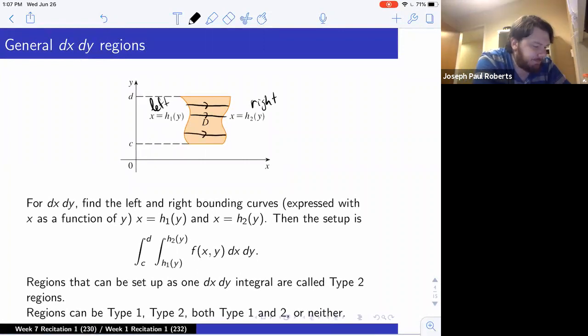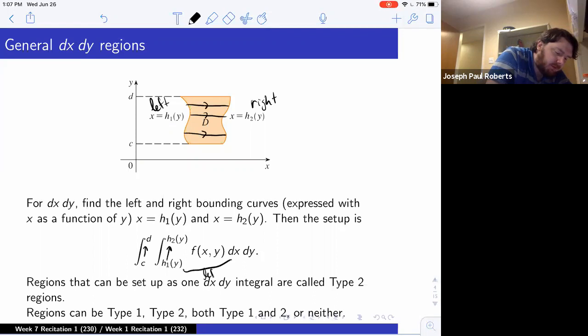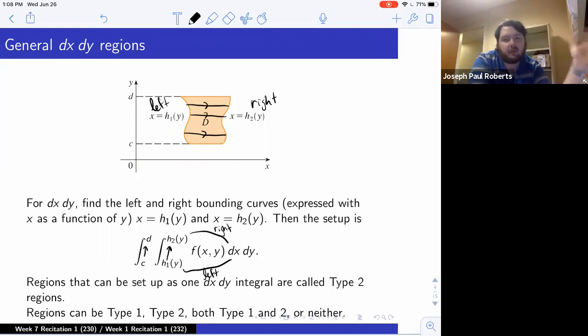And so notice we're always, when we're setting up multiple integrals, going to have our lower bounds smaller than our upper bounds. So that's how you can remember that essentially the left curve goes with the lower bound and the right curve goes with the upper bound, because as you move from the left to the right, x increases. So that's how we want to do that.